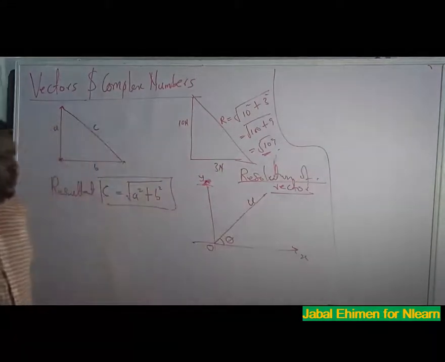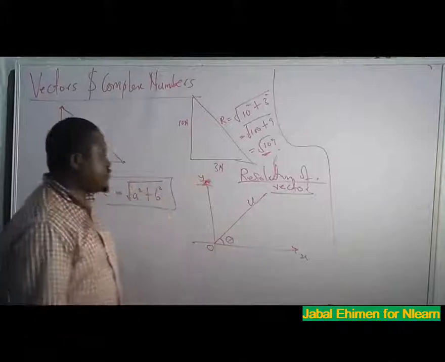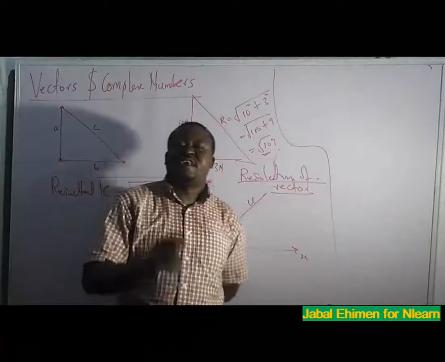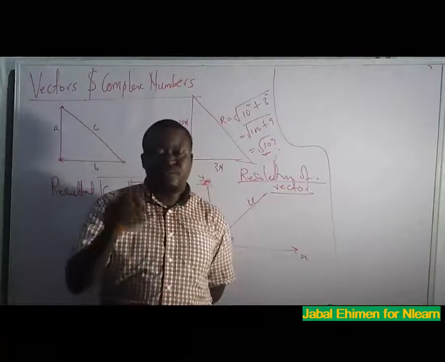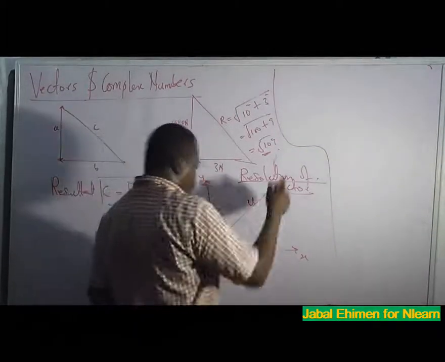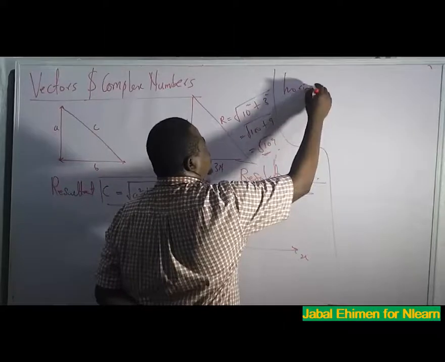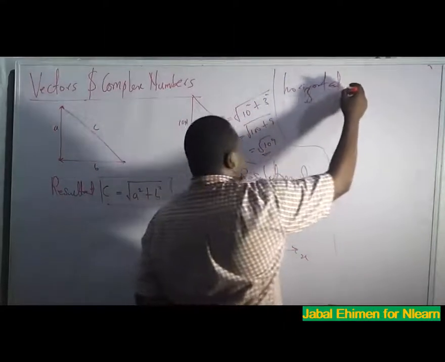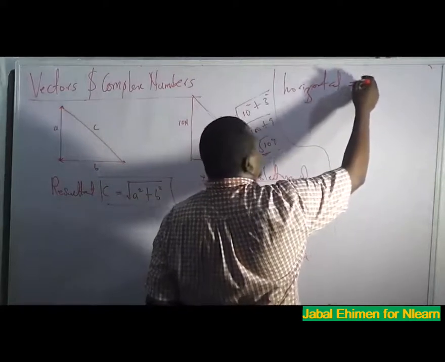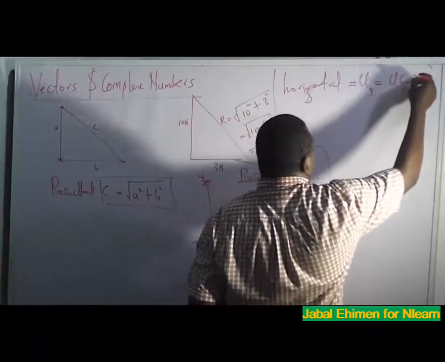Now, from that angle theta, the value that is here is the value u. But we'll now use a theorem called Lami's theorem. Lami's theorem is simple. It talks about the direction or where the angle is. Wherever the angle is, according to Lami's, that value there will be cos. So horizontally, the component of that value will become ux, and that value becomes u cos theta.